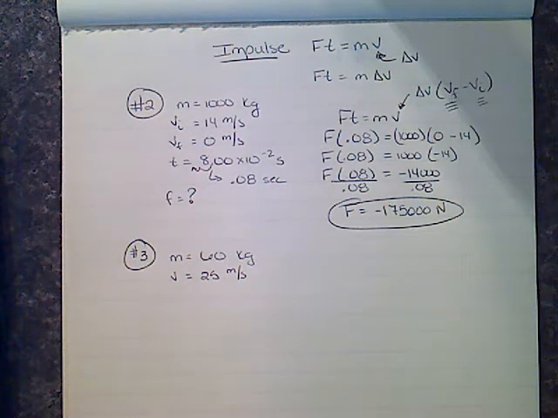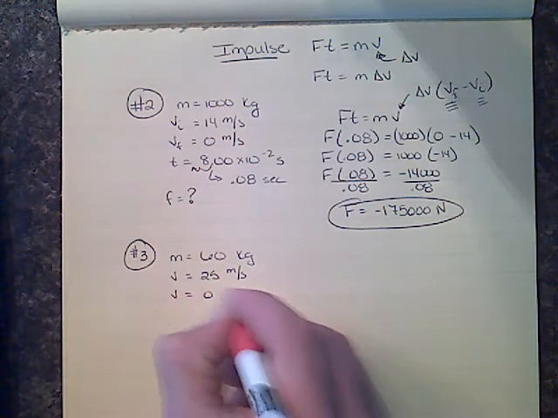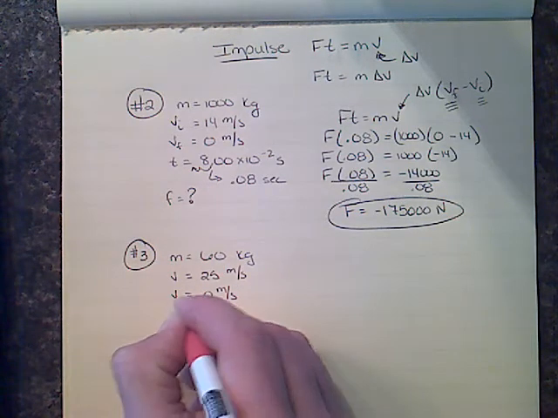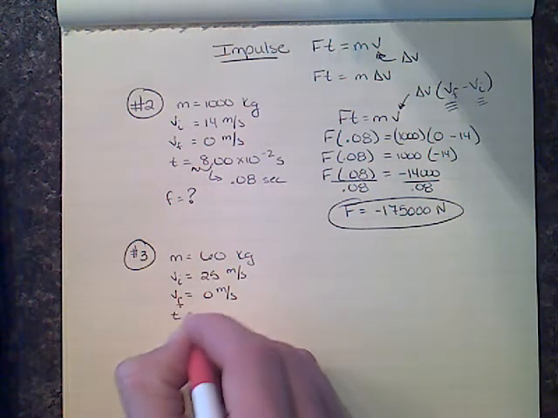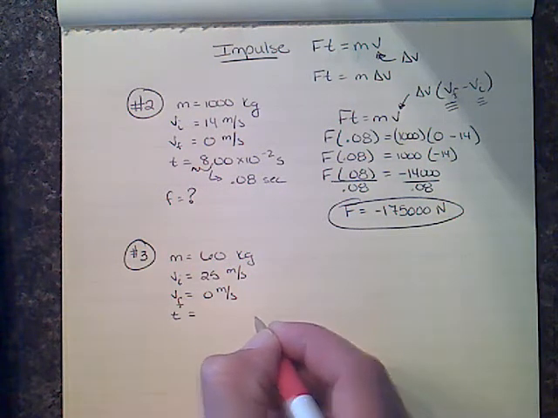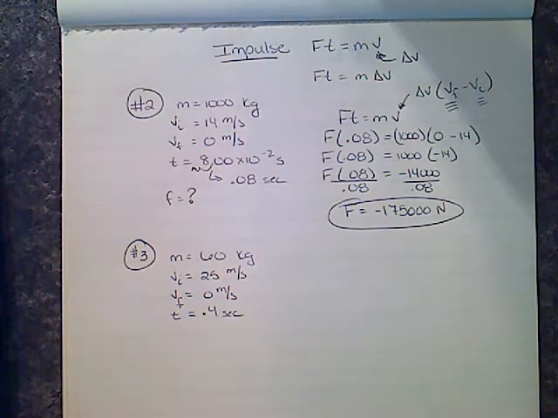She is wearing her seatbelt, which brings her body to a stop in 0.4. Okay, so her body comes to a stop, which means our other velocity is 0 meters per second. So we now have a final and an initial, and we also had the time aspect of it. The time was 0.4 seconds.